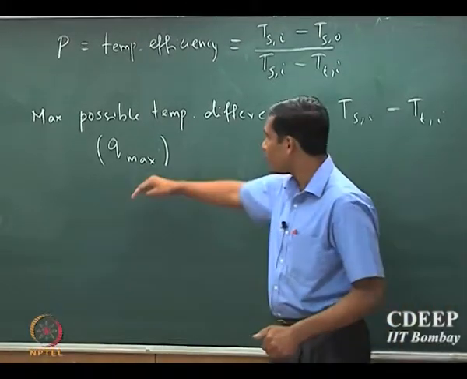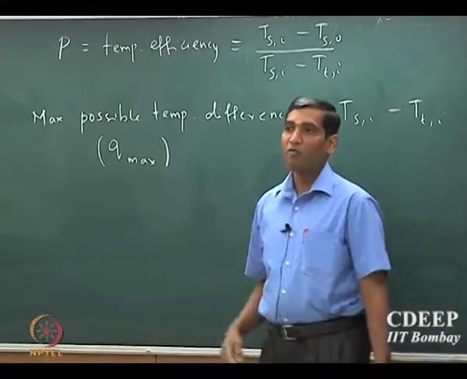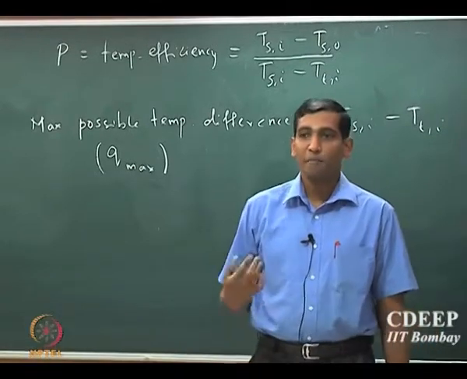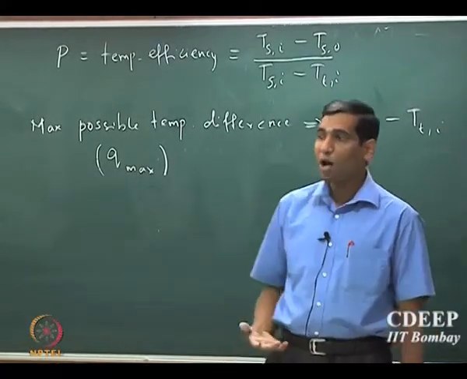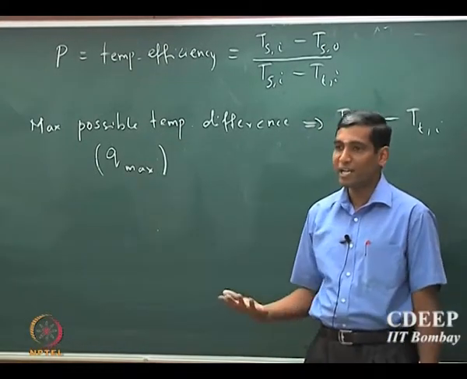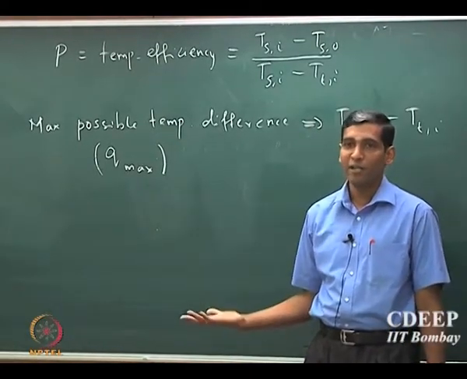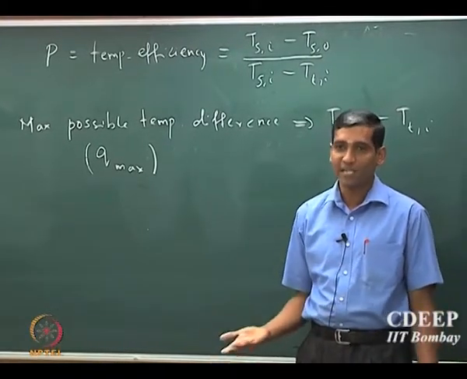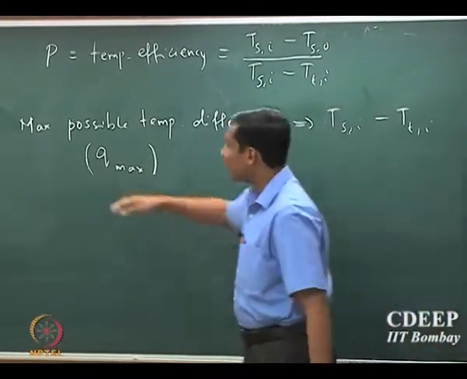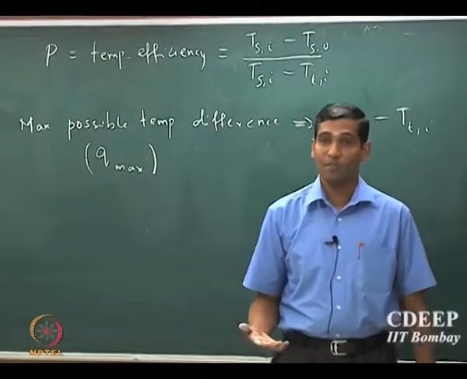So we are going to see how to find the maximum possible heat transport rate. So far, all we know is the net heat transport rate in the hot fluid. We know the net heat transport rate in the cold fluid, which is equal at steady state, but we do not know the theoretical maximum possible.